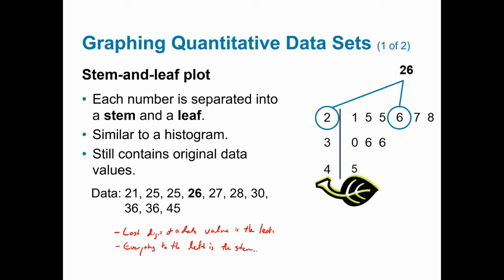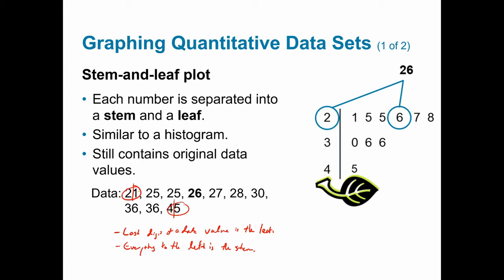So what you want to do is figure out, okay, of all my data values, what's the smallest data value? In this case, 21 is our smallest. And what's the largest? 45. You split it up by the last digit, and you want everything to have the same number of decimal places.